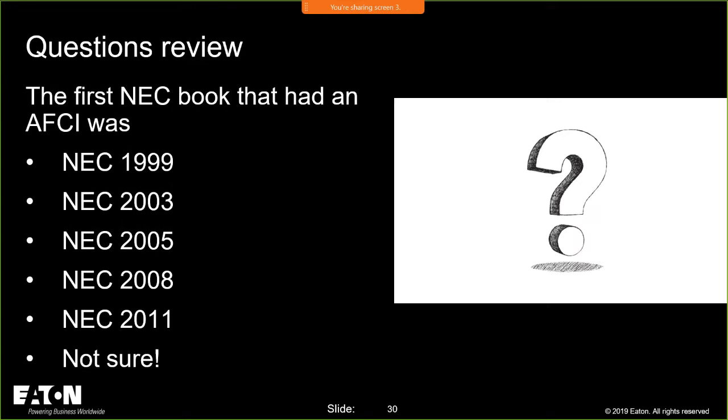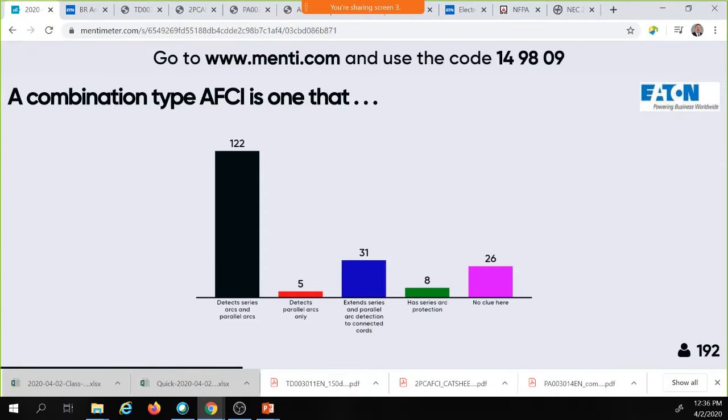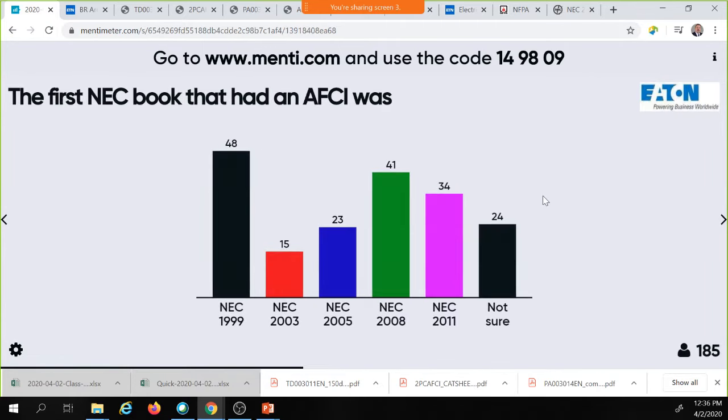Next question. The first book that had an AFCI was, drum roll please. So, for those of you who answered the last question, the 122 of you have just come away with hopefully a little bit more knowledge than what you came in with. The first NEC book that had an AFCI was, we're all over the board here.